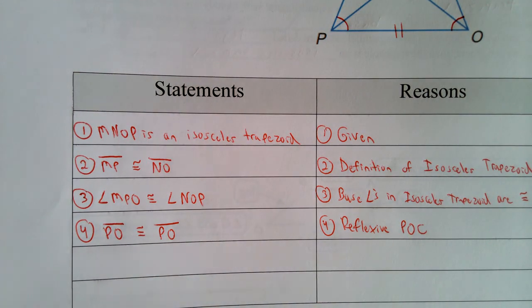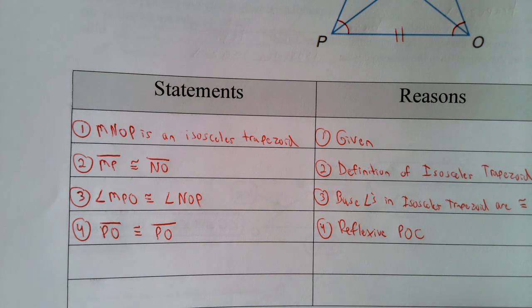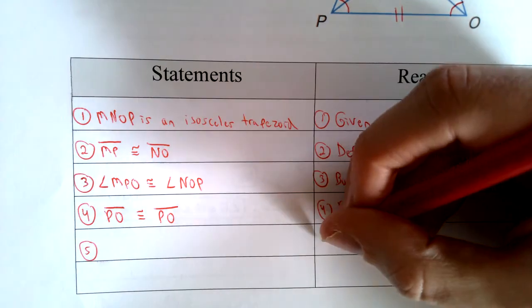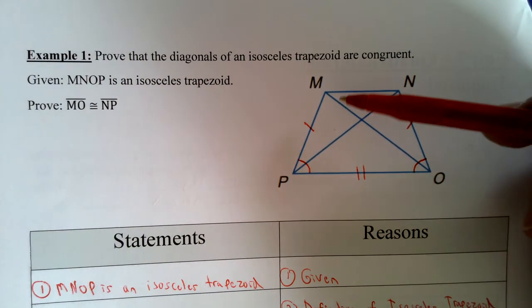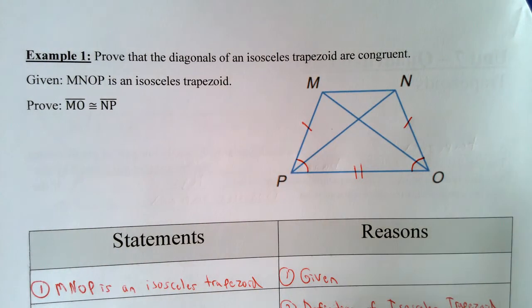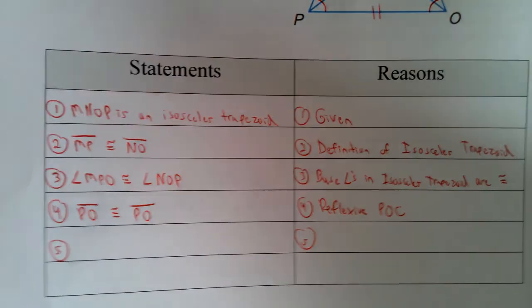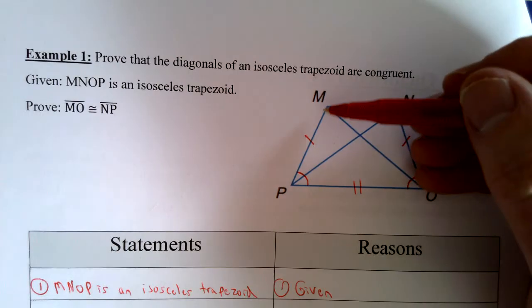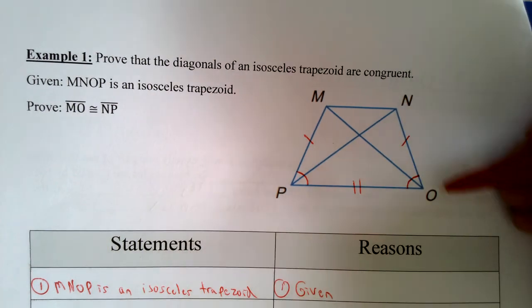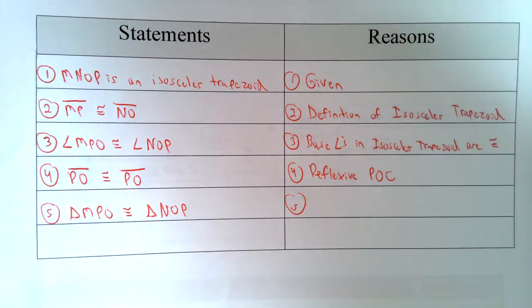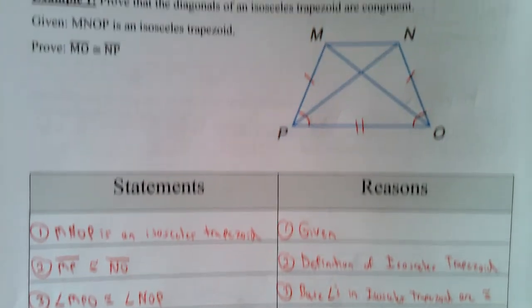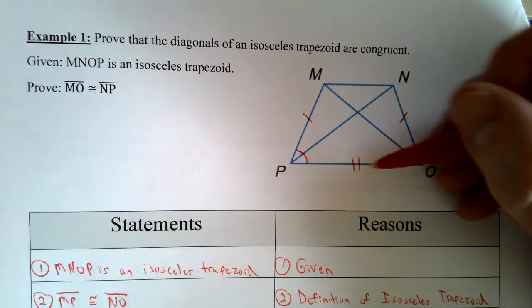And now we have two congruent triangles above. You might want to draw two separate triangles, but we have triangle MPO congruent to triangle NOP. Side, angle, side.